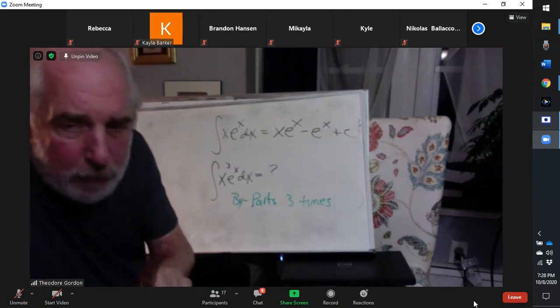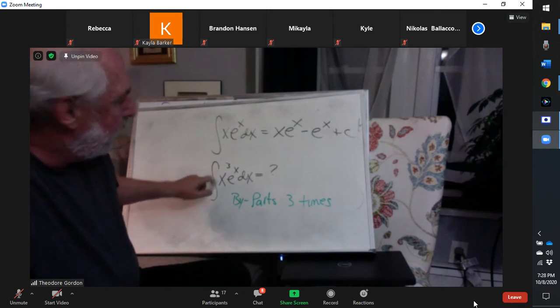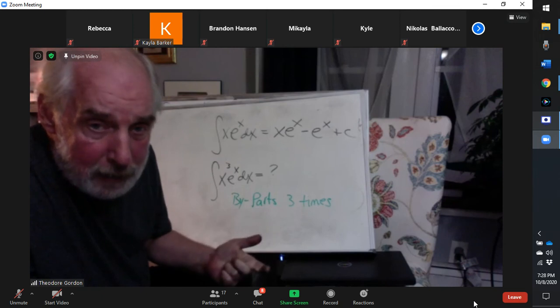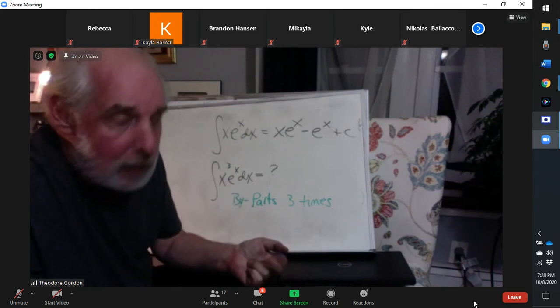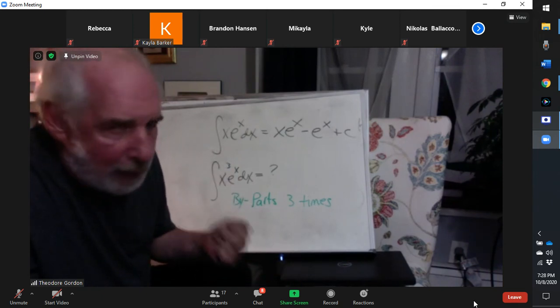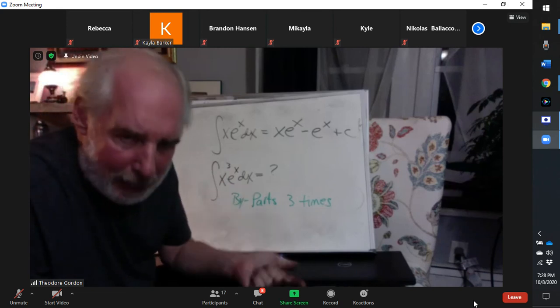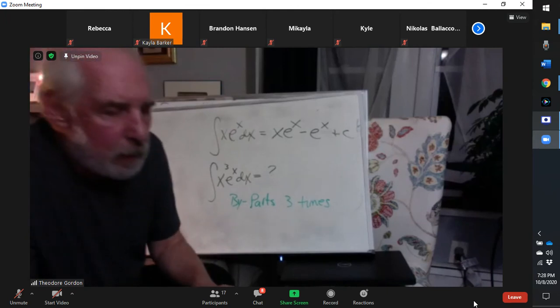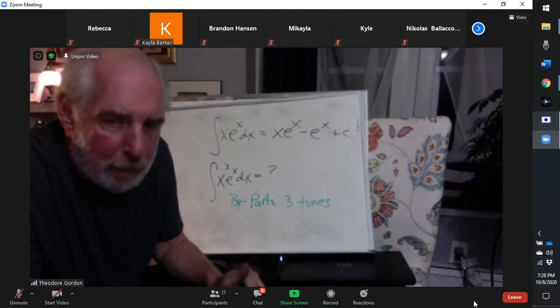The first time you do by parts, the x cubed is going to end up in the integral, and you're going to get x squared e to the x. You have to do that by parts, and that's going to give you an integral of just x e to the x, and you have to do by parts again. So sometimes a by parts problem involves having to keep on doing by parts.